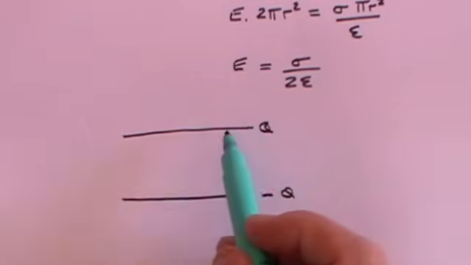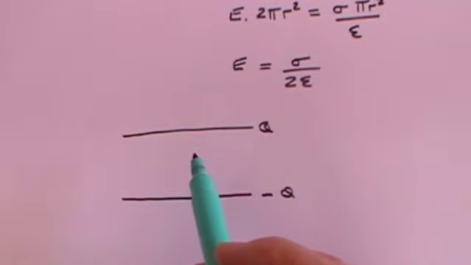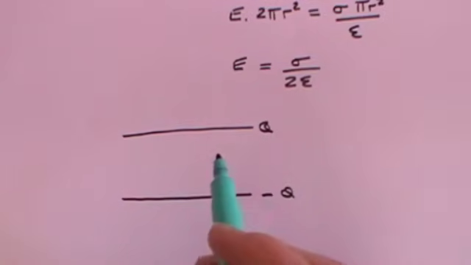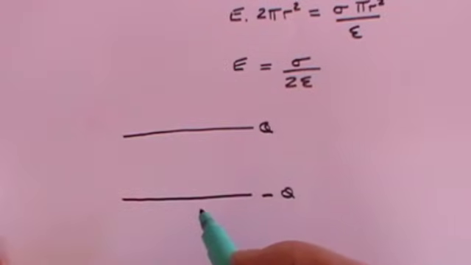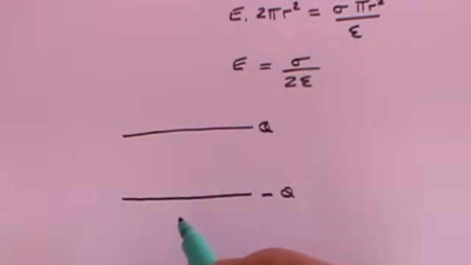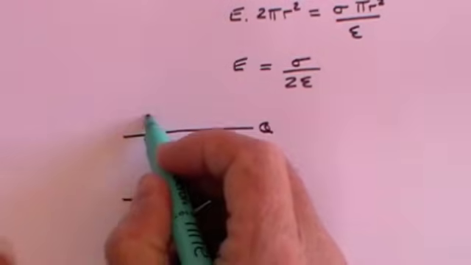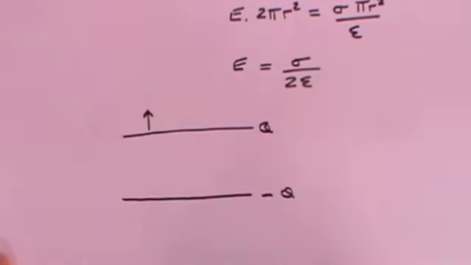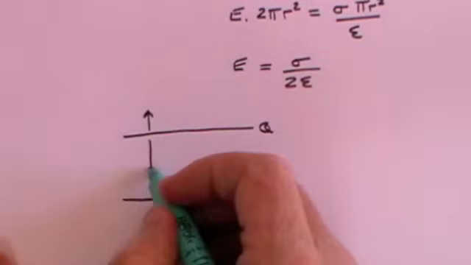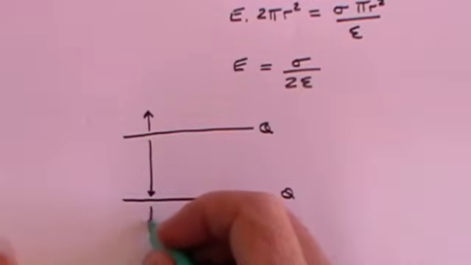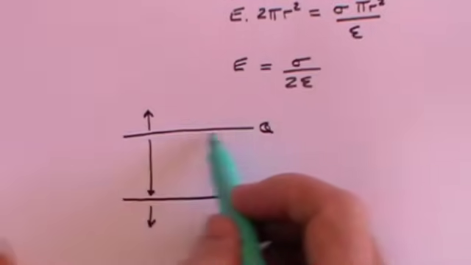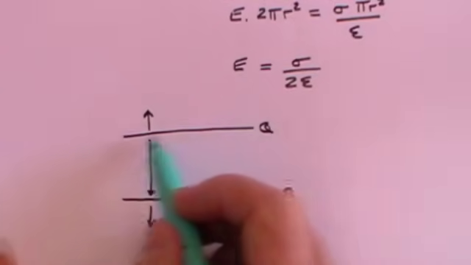That will have an E field which goes out from the plate. The E field always goes out from a positive charge. And remember, it's constant in space. It doesn't vary. So there will be an E field going in that direction, an E field going in this direction and an E field in this direction, all due to this plate here.